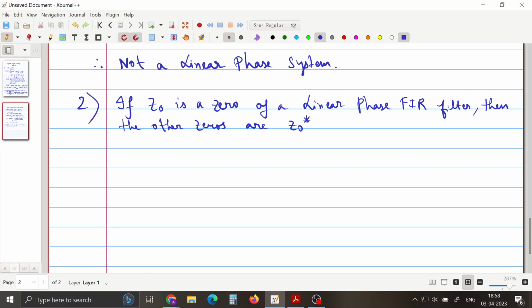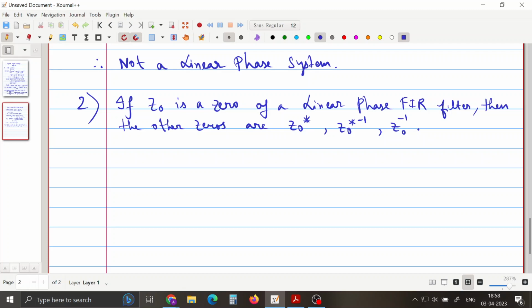That comes from the consequence of the real valued impulse response. And then we also have a 0 at z0 star inverse and another 0 at z0 inverse.